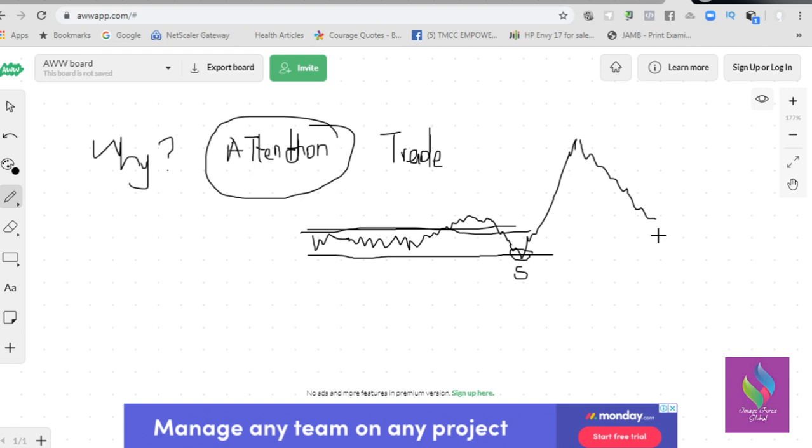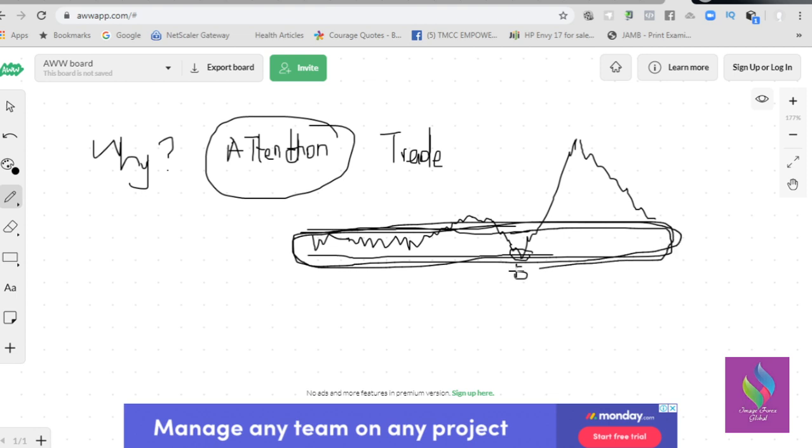Then this region becomes very, very important. Everybody starts looking at this region and saying, because price got down at this region and reacted and gave this action, you have to understand that price around this region could get affected again.